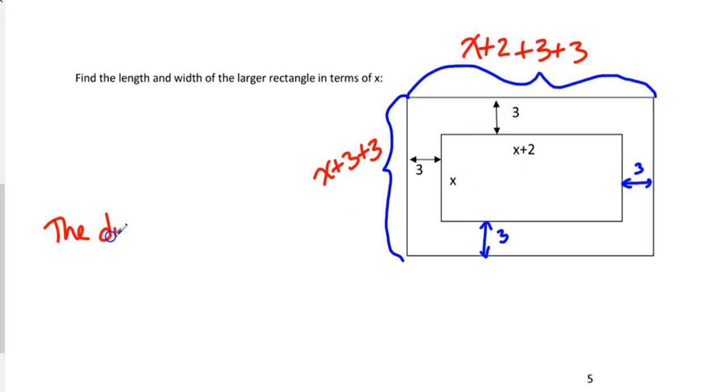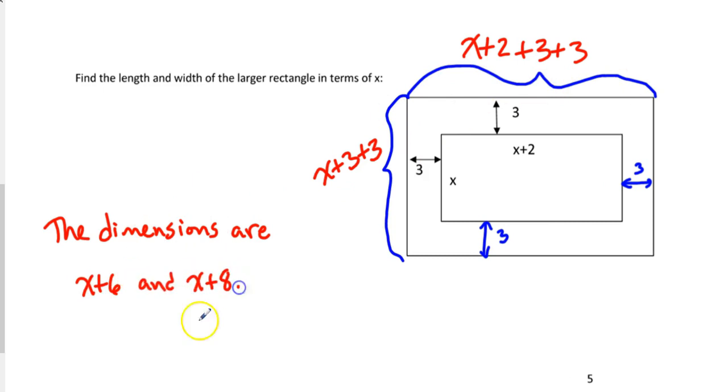I'm not going to worry about which one's called the length, which one's called the width. That doesn't really matter here, but the point is the dimensions. This side, when I combine like terms, is an x plus 6. This side, when I combine like terms, is an x plus 8. Thanks for watching.